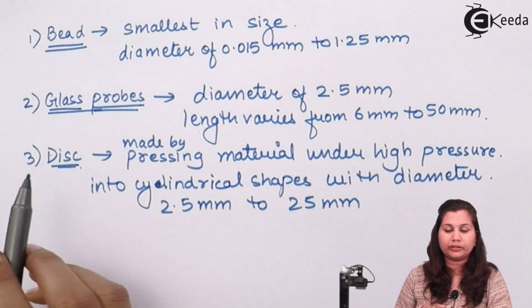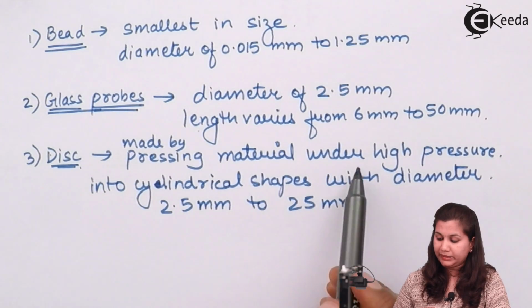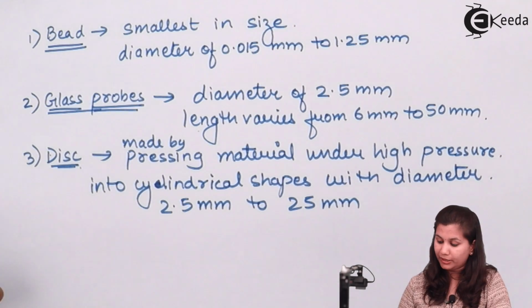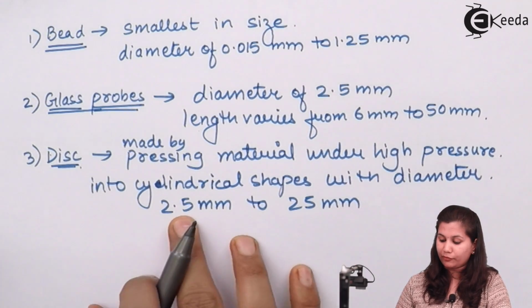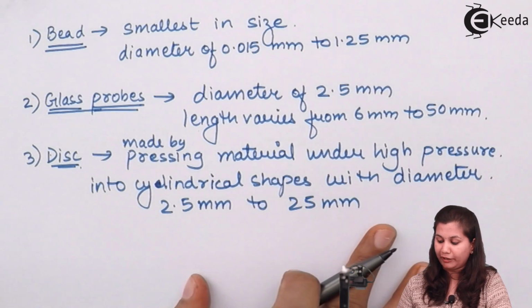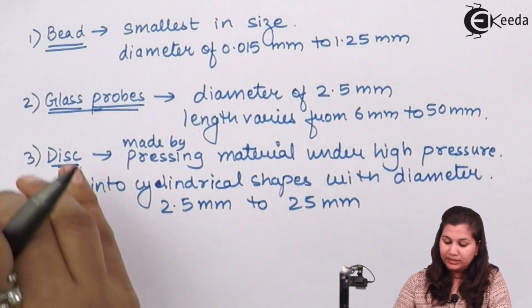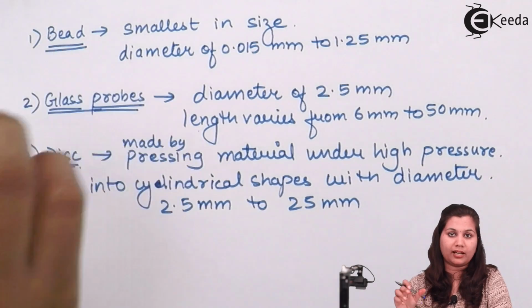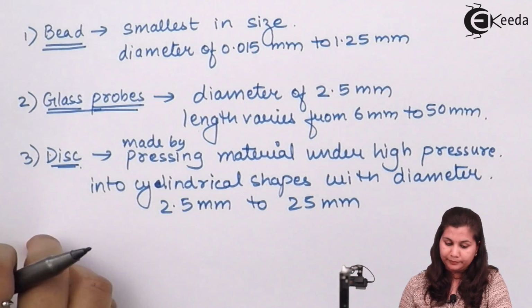Disc-shaped thermistors are made by pressing the material under high pressure. So they are shaped into a cylindrical flat shape with a diameter ranging from 2.5 mm to 25 mm. So you have seen that among these types of thermistors, the bead type is the smallest one.